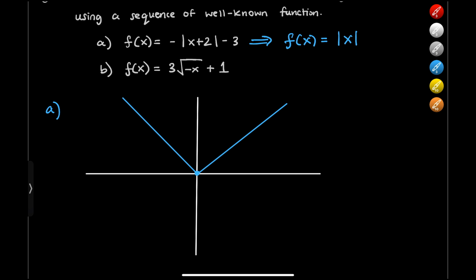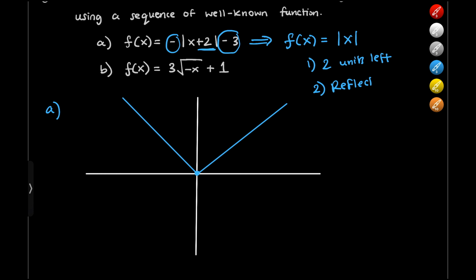And so what was done to it is that it first moved left 2 units, then it was reflected over the x-axis, and finally it was moved down 3 units. Okay, so let's write that down. First, move 2 units left, then reflect over the x-axis, and finally 3 units down. Let's follow this point over here, 0, 0.